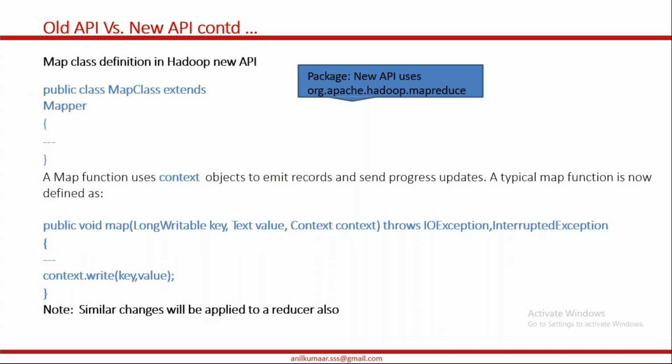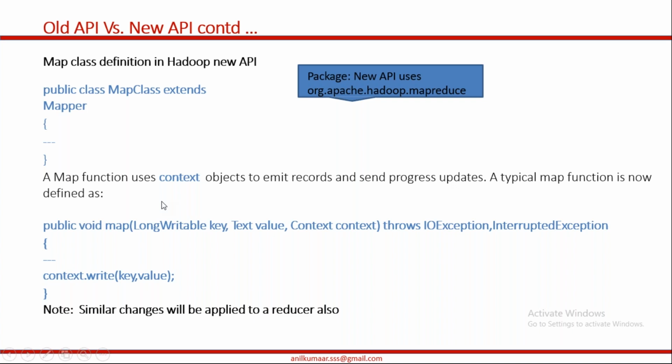And coming to the new API, the noticeable changes are, we just need to write the class that extends the Mapper class, that's it.